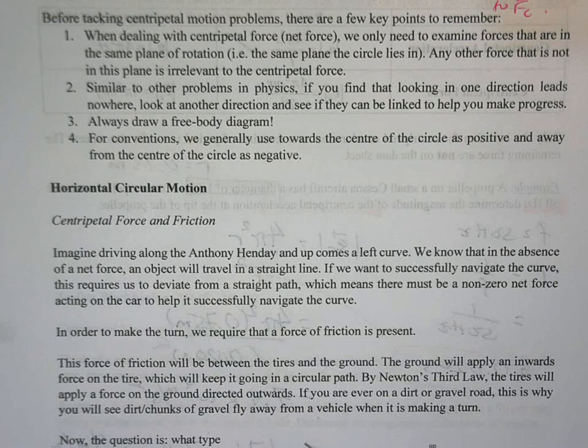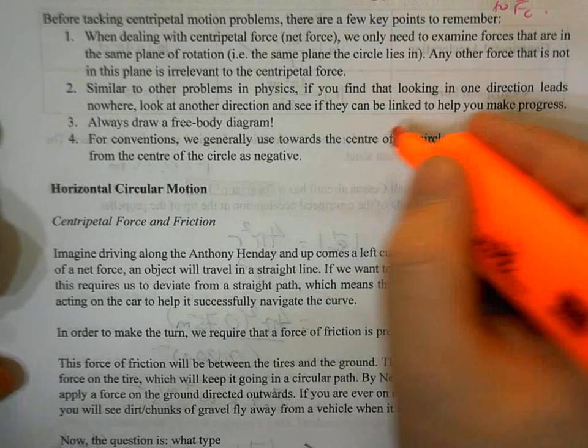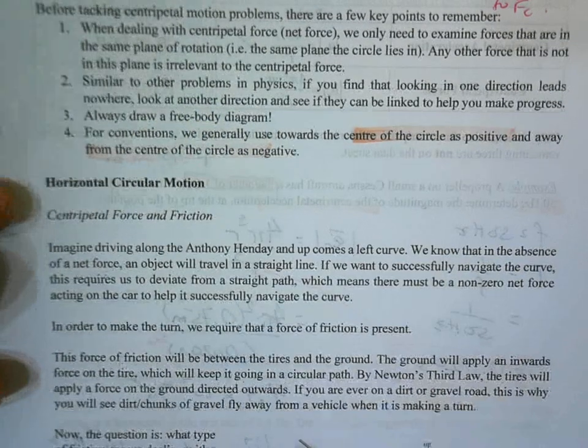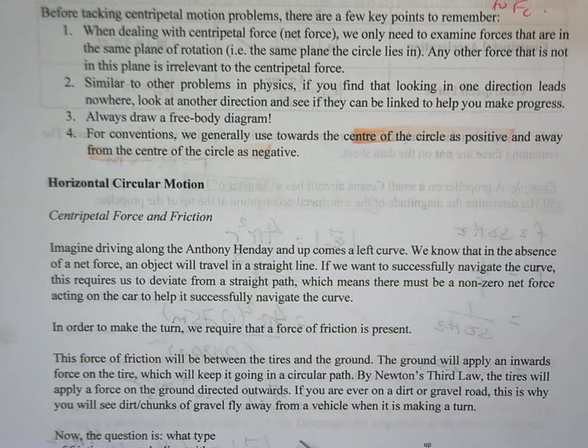And for positive convention, usually we're going to call towards the center of the circle as positive, and anything away from the center of the circle is negative. This is the easiest convention to deal with. Just because the centripetal force is always directed towards the center of the circle, we might as well just call that direction positive. It makes our life really easy.